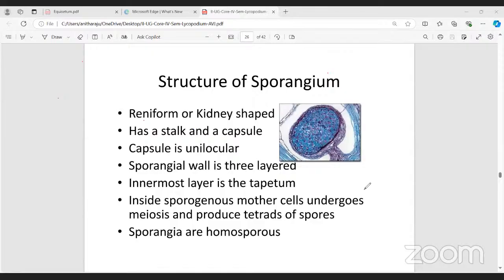This is the leaf upper side, and this is the sporangium present. If you separate the sporangium, it is attached to the leaf by a stalk. So you can clearly see the sporangium stalk.